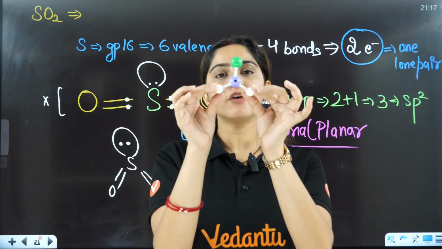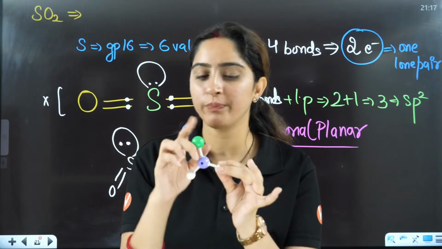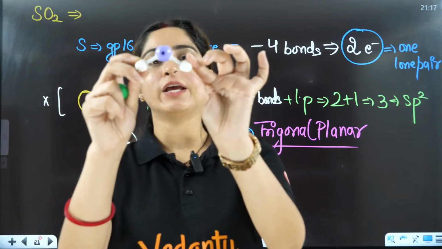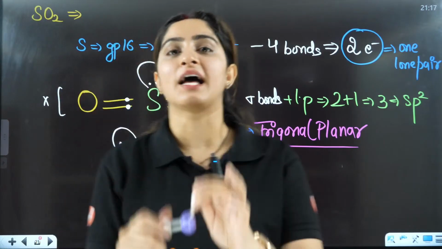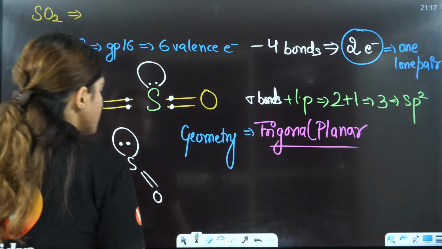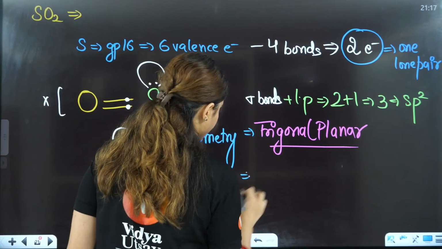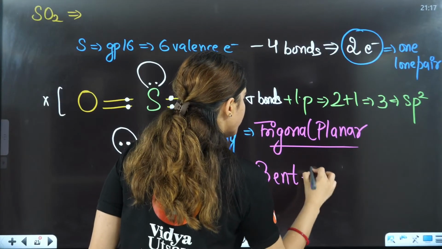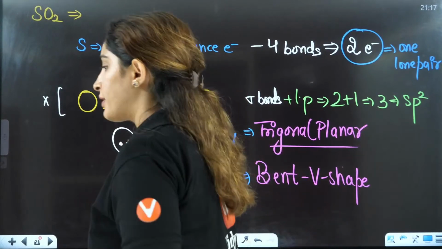So this is a trigonal planar geometry when you include the lone pair, but when you ignore the lone pair, isn't it bent V? Isn't it a bent V shape? So that's why the shape here is bent V. Got it, everybody?